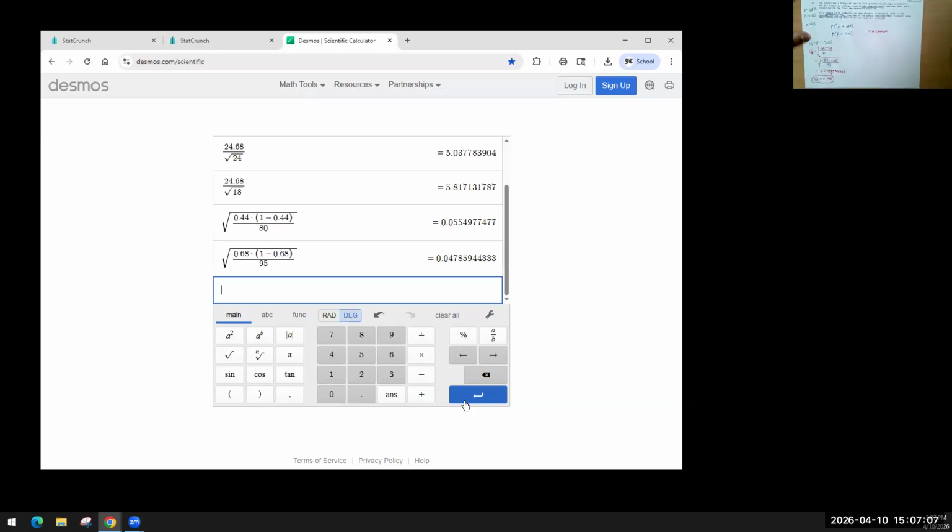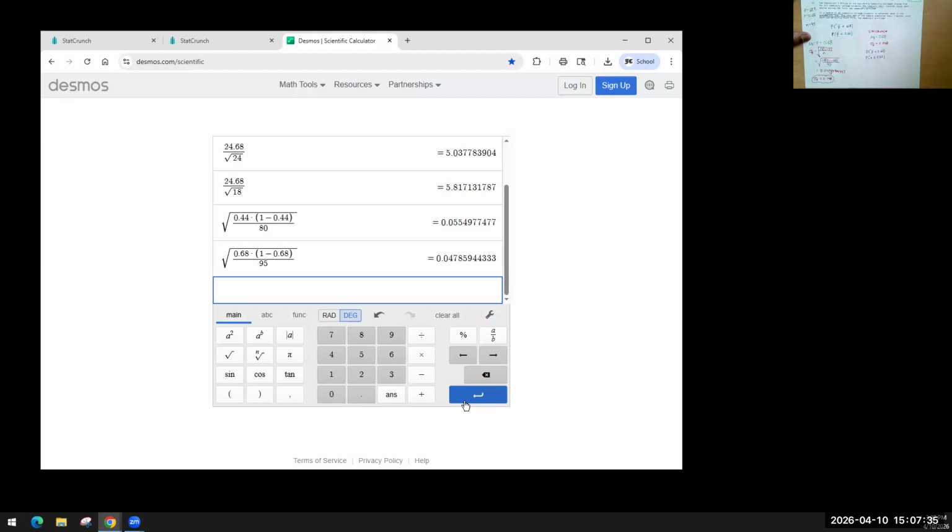In StatCrunch, we're using the Stat calculator's normal distribution calculation. Our mean is 0.68 and our standard deviation is 0.048, that rounded value I talked about. We're looking for the probability that our sample proportion is less than 0.60. If you want to call it X, you can, less than or equal to.